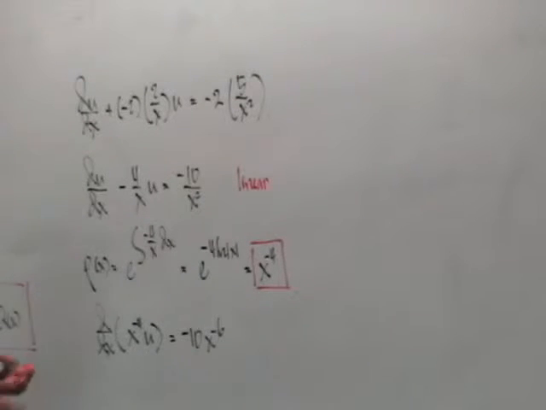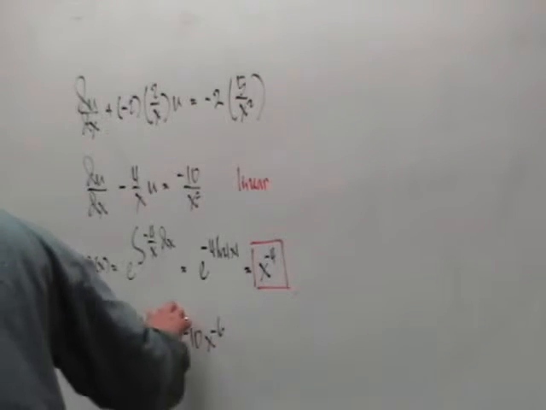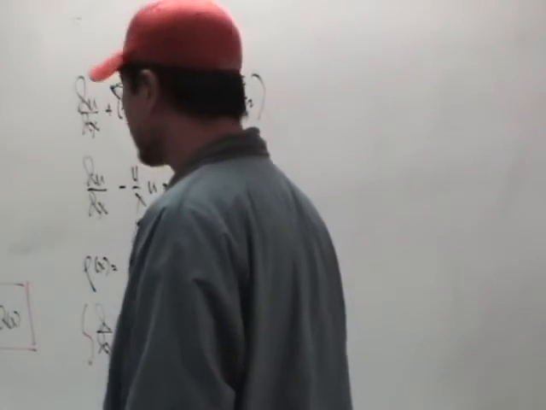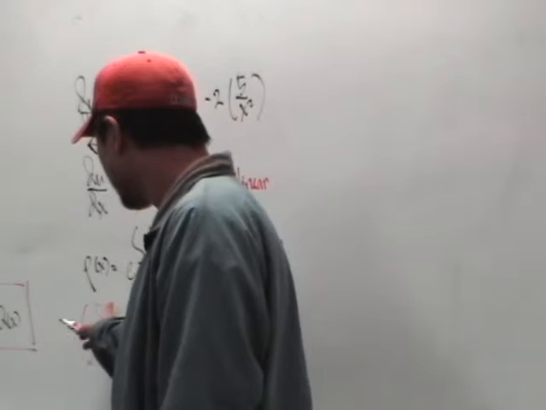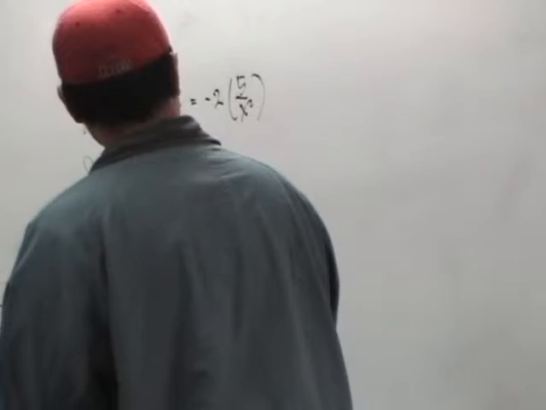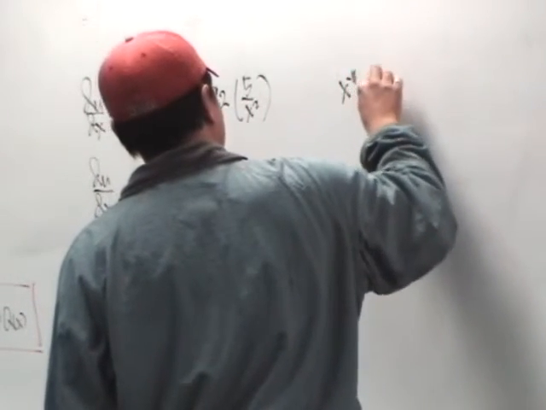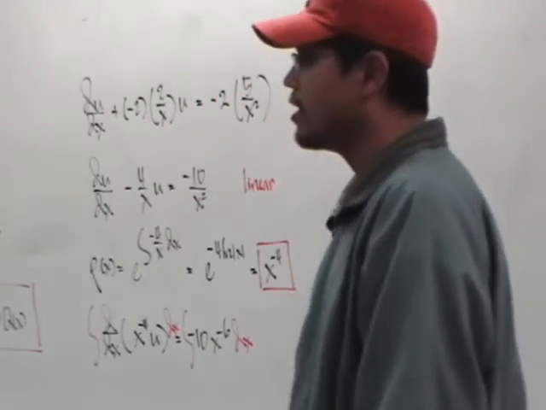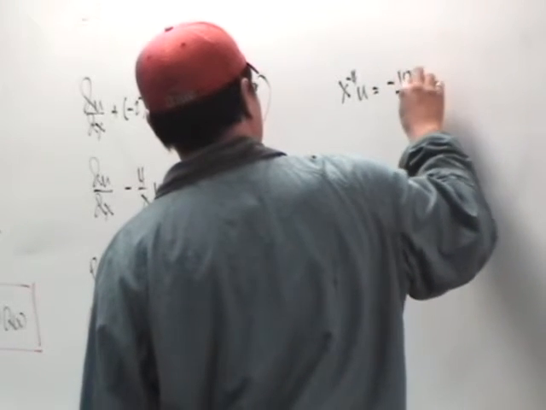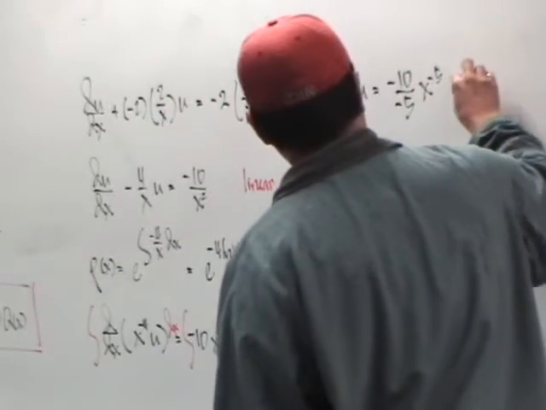Good. Now all I need to do is take the antiderivative of both sides. The fundamental theorem of calculus says this cancels on the left, and you just get x to the negative 4 u. This equals the antiderivative of the right-hand side, which gives negative 10 over negative 5, x to the negative 5 plus c.